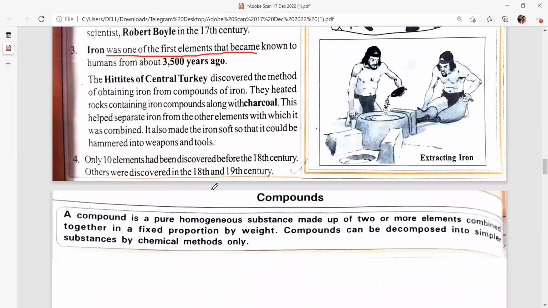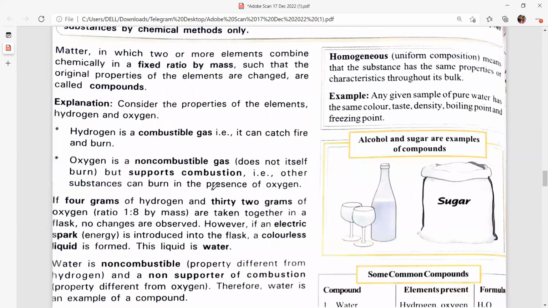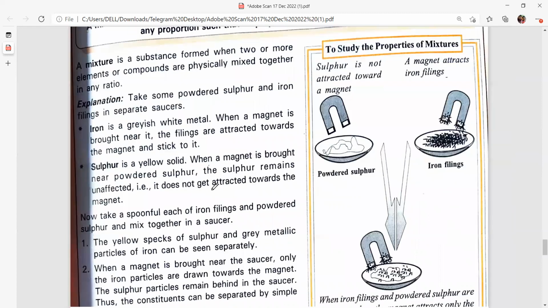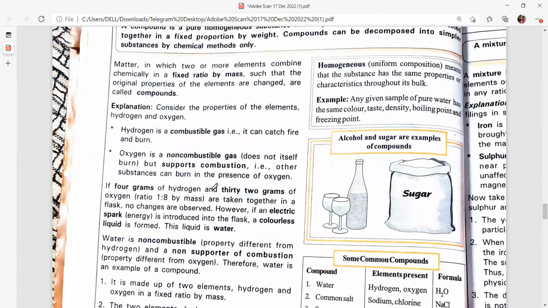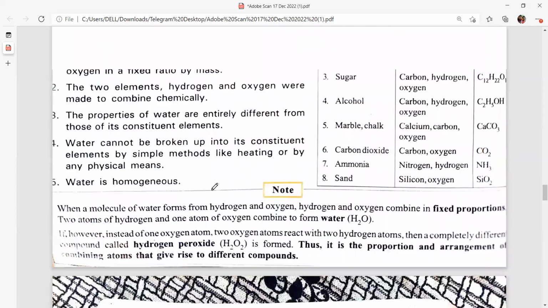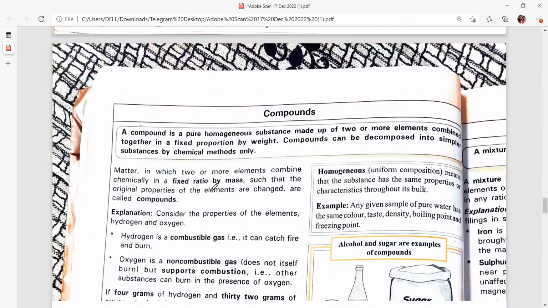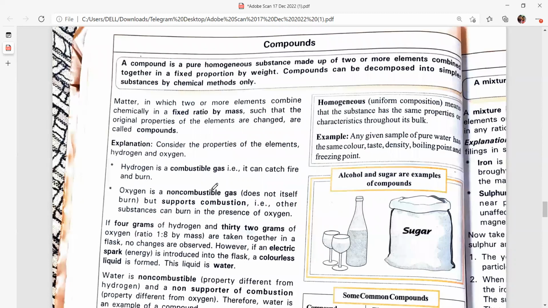Now, compounds and mixtures. We will read in the next class. Elements and atomic structure, how to draw an atom, we have read.